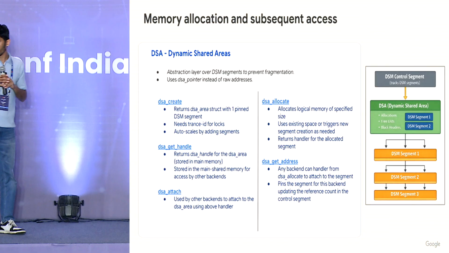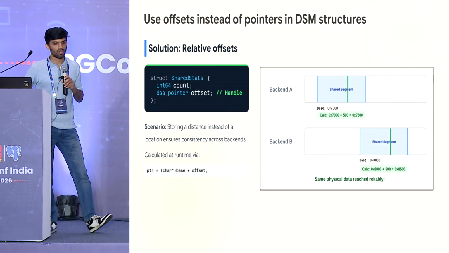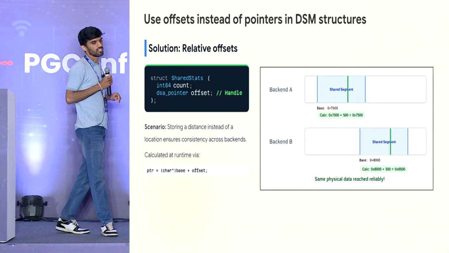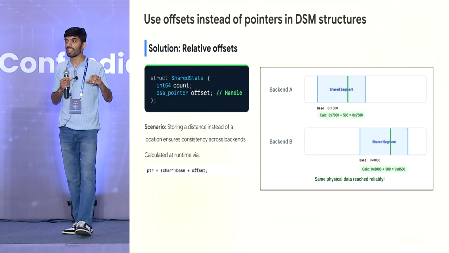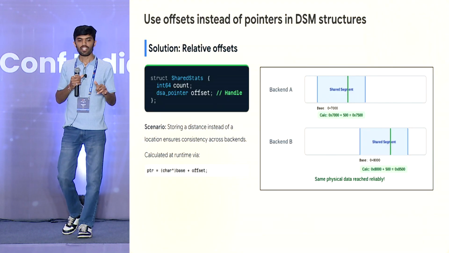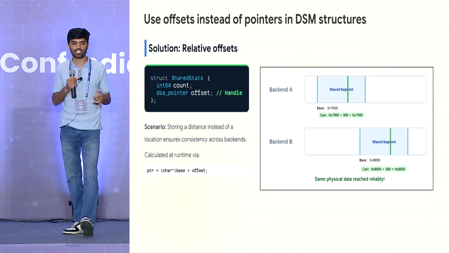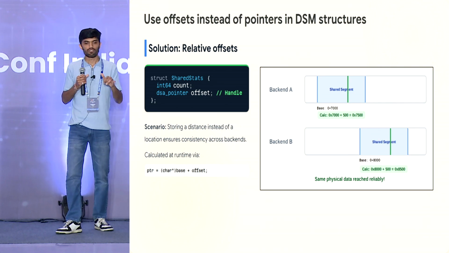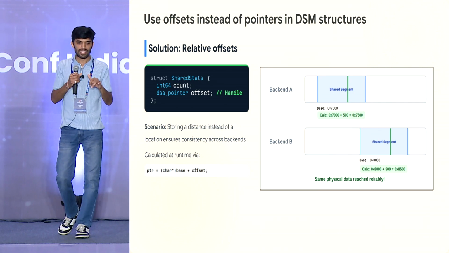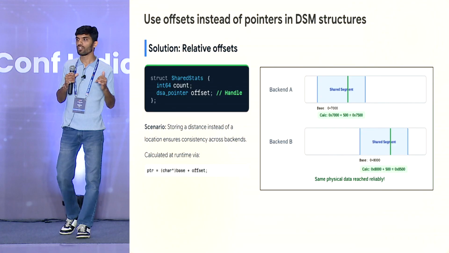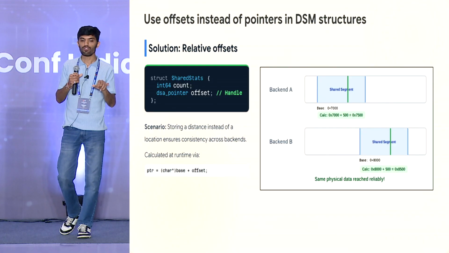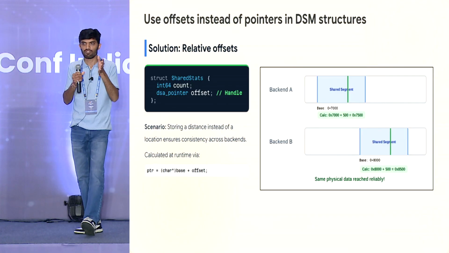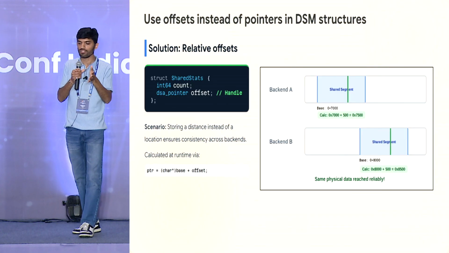Okay, now coming to the next slide, where we'll see how this problem is solved. The simple solution is, if we go back to the previous slide where we had a void pointer, instead of that we now have a DSA pointer, which is actually an offset. In case of backend A, where we initially stored the address as 7,500, we will instead store the offset value as 500, which is just a 500 delta from the base offset of 7,000.